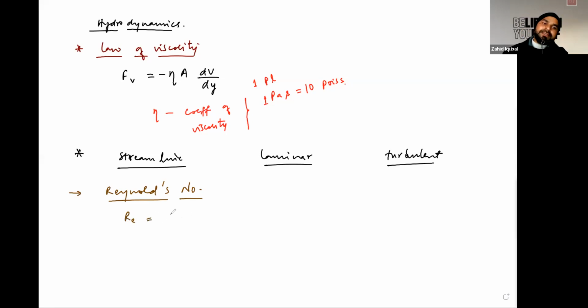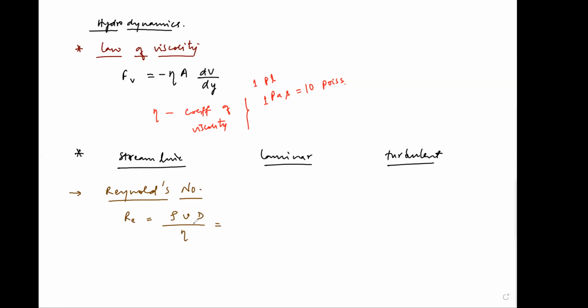So the Reynolds number is rho Vd by eta. What is d here? Samaira, what is d here? D is the diameter of the tube in which the liquid is flowing.